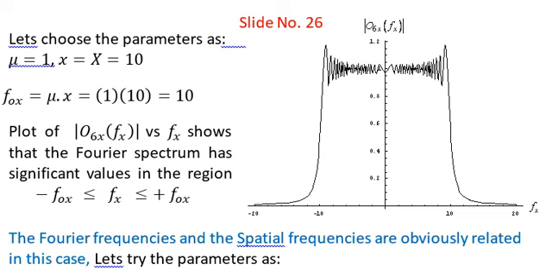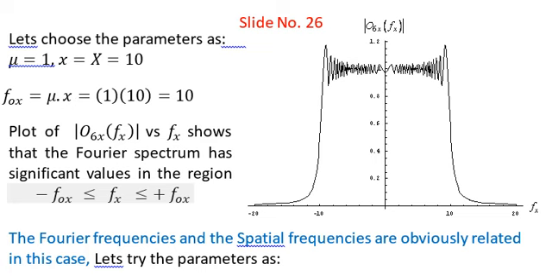So the main values of the plot of the absolute value of O6 lie in the region from minus 10 to plus 10, and we have depicted that as Fx greater than or equal to minus f0x and less than or equal to plus f0x.